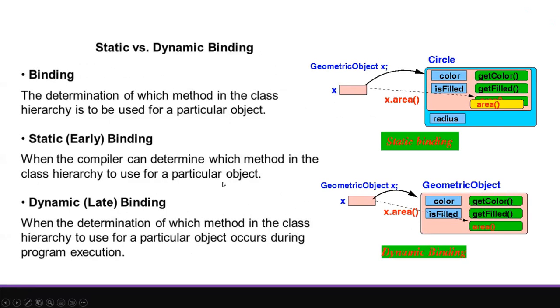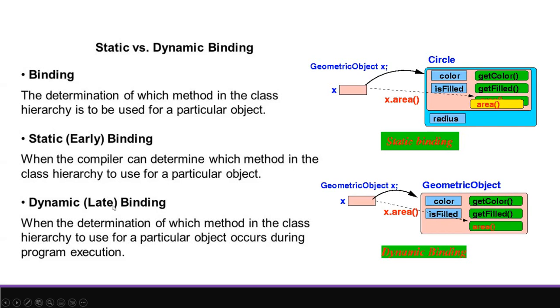And binding has two ways: one is static binding, the other is dynamic binding. Static binding means your binding rule is determined at compile time. It is also called compile time binding, or early binding.